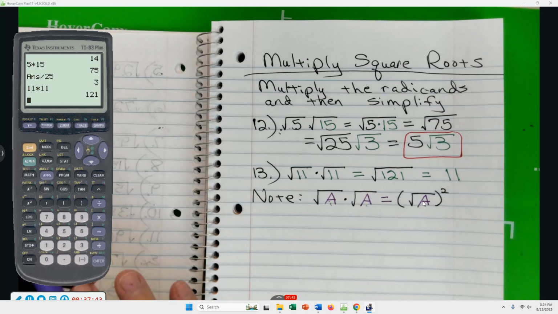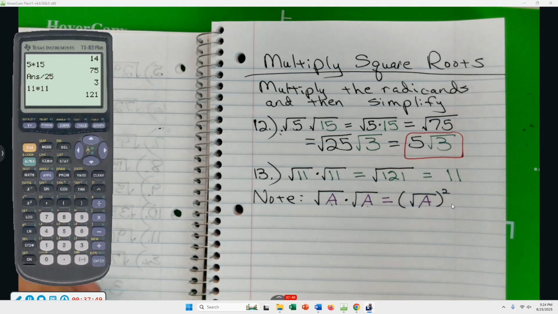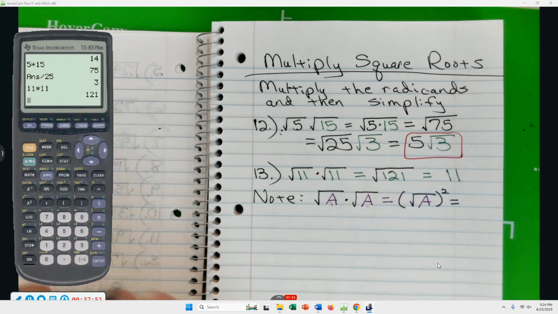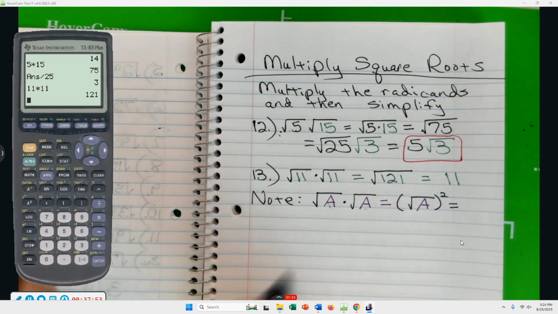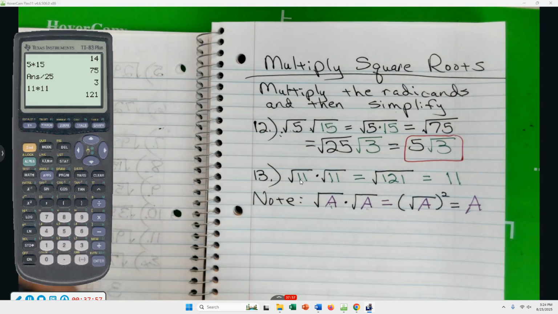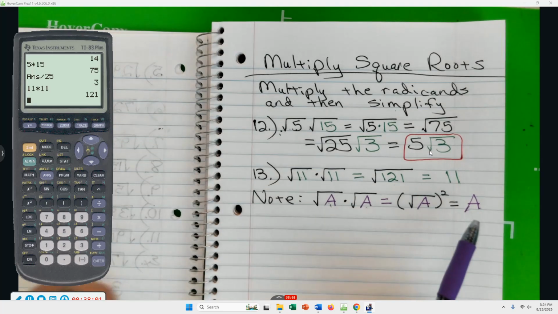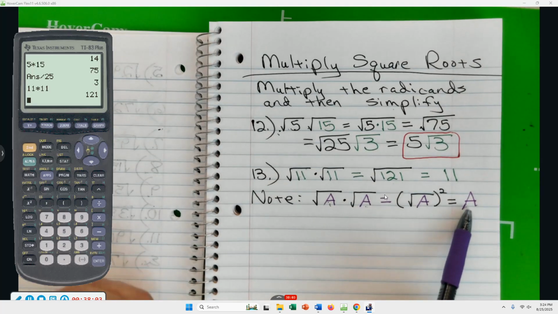What's that going to reduce to? What am I going to write here? A. That's right. And that's what it's trying to say. The square root of 11 times the square root of 11, as long as they're the same thing, is going to equal whatever's underneath there.